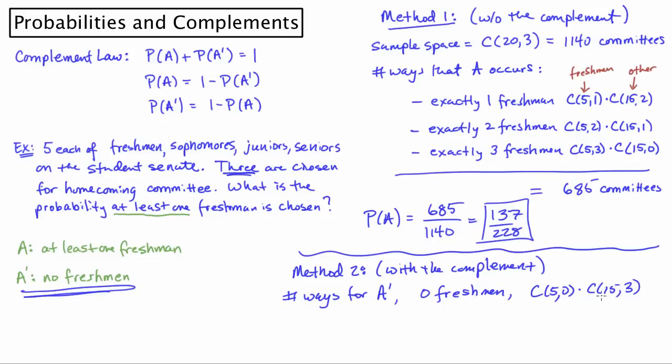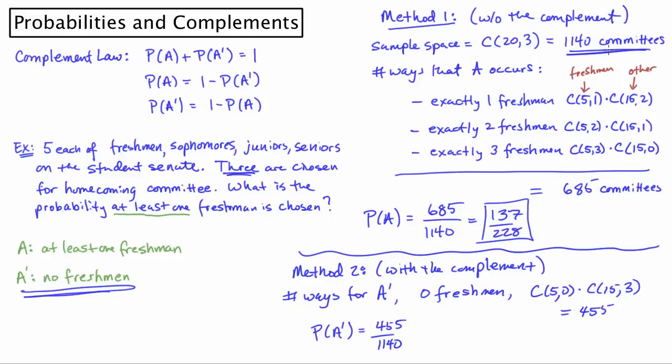If you multiply those out, you should get 455. And so the probability of the complement is 455 out of 1140, still using the fact that the sample space is 1140 committees.